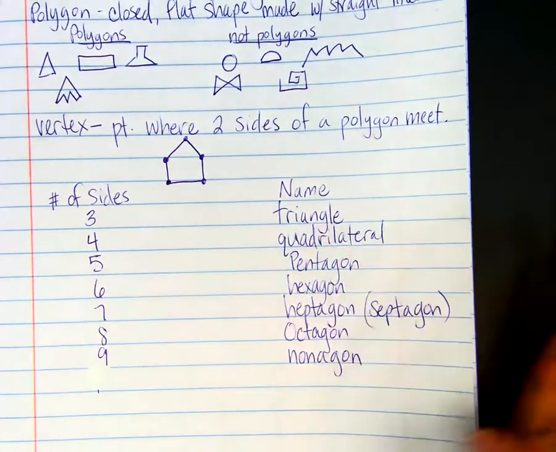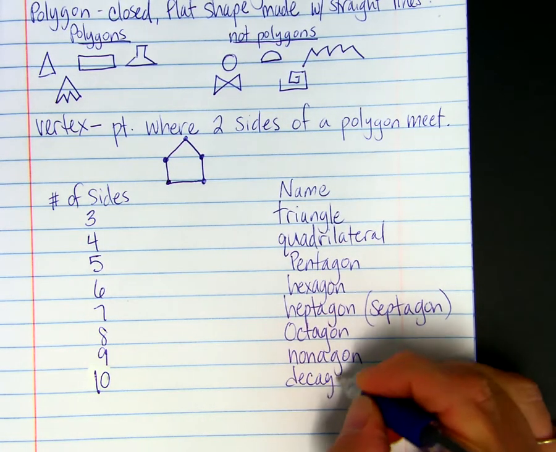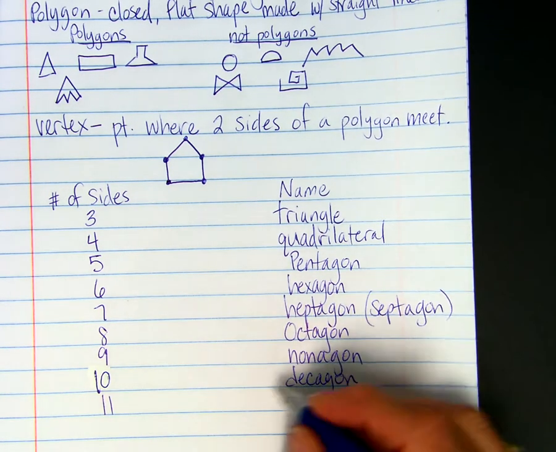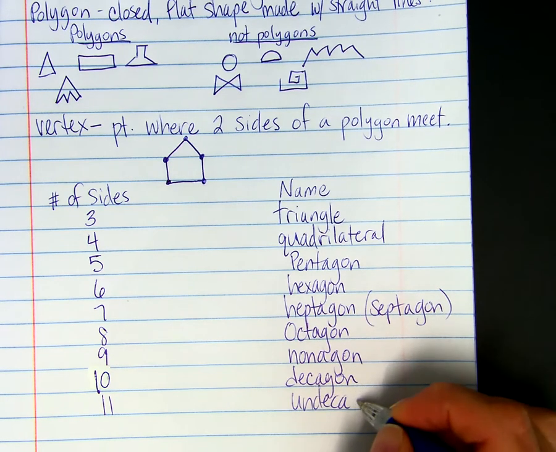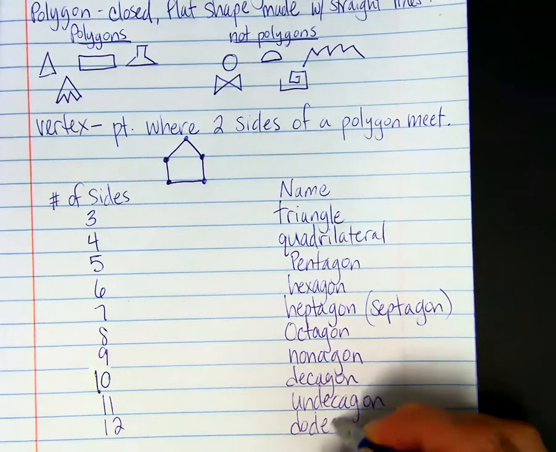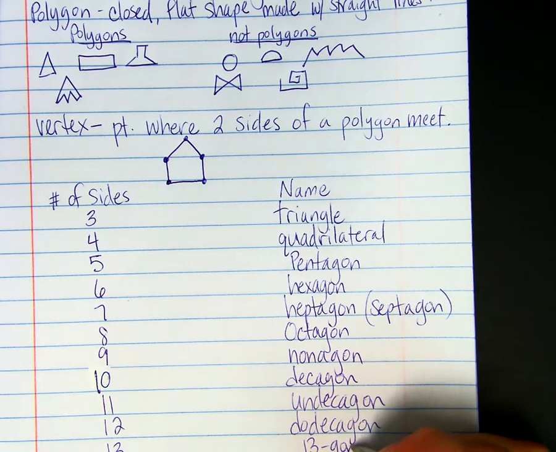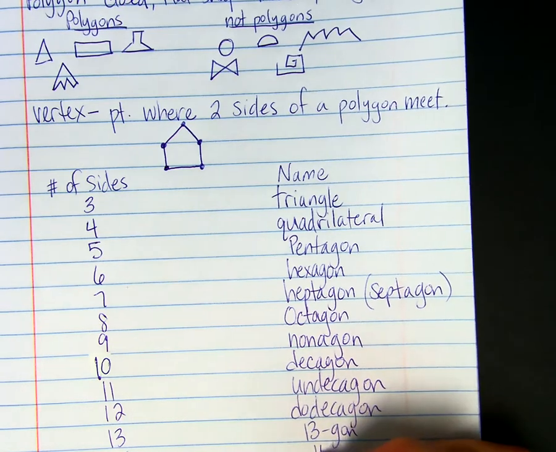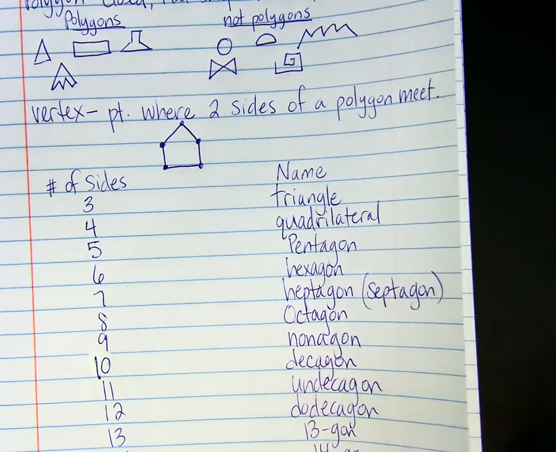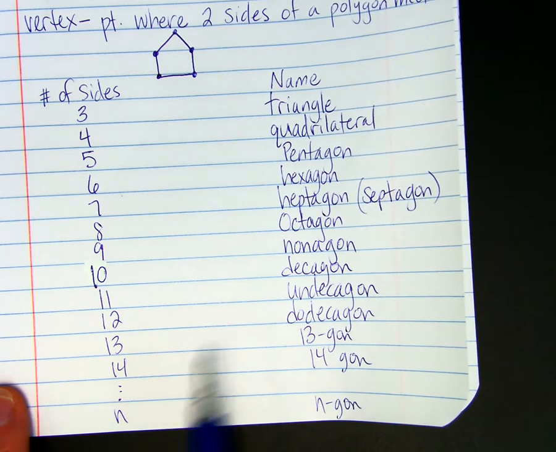That's weird. 10 sides is a decagon. 11 sides is an undecagon. 12 sides is a dodecagon. 13 sides is a 13-gon. 14 is a 14-gon. And so on. N sides would be an n-gon. So after dodecagon, we can name them just by their number.